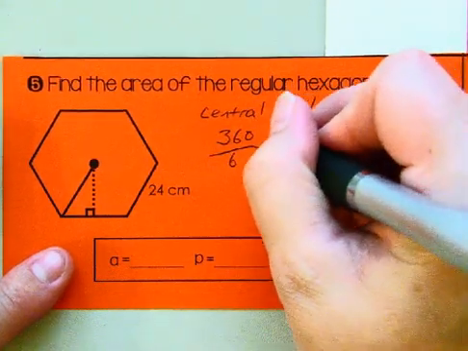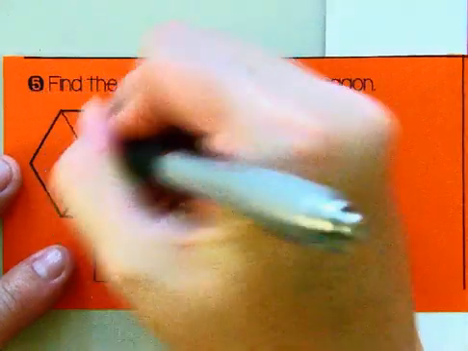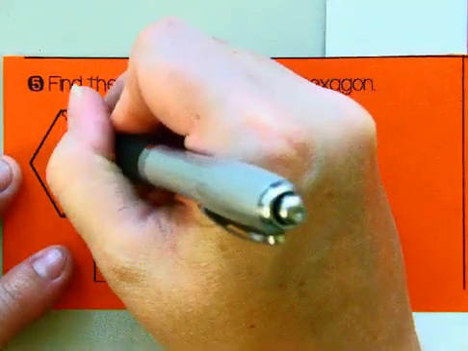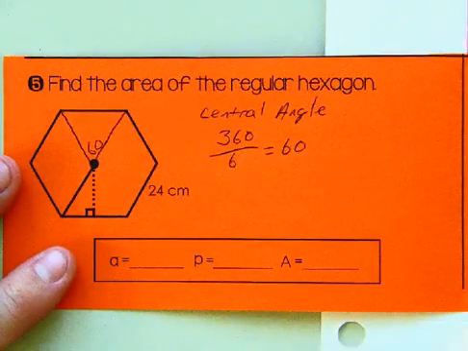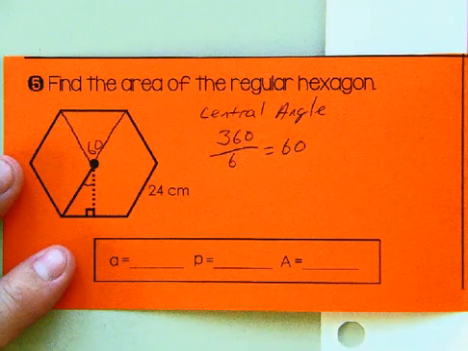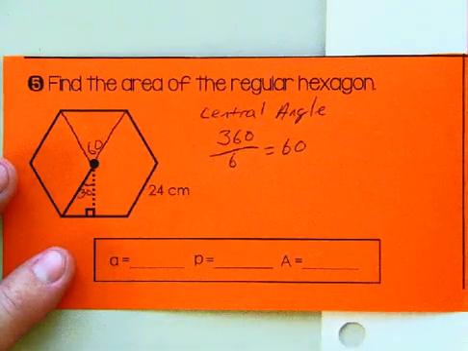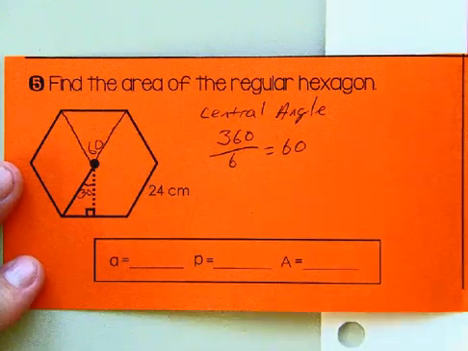So we end up with 60 degrees. So the central angle is 60 degrees. We need to find this piece. It's going to be half of the whole central angle. So that's 30. So then this is going to be a 30, 60, 90 triangle again.